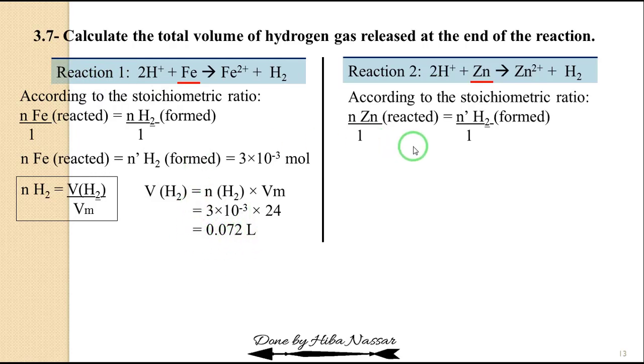Now moving to the second reaction, here the reaction occurred between the acidic solution and zinc metal. According to the stoichiometric ratio, the number of mole for zinc reacted over 1 is equal to the number of mole for the released hydrogen gas, which is formed at the end of the reaction.